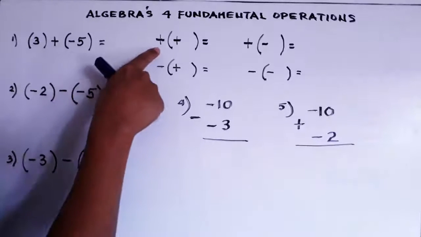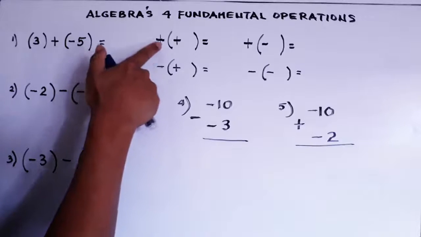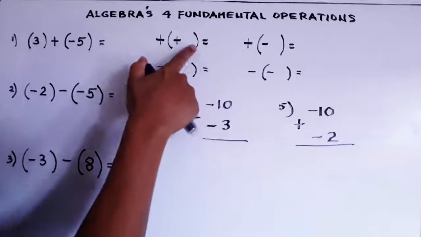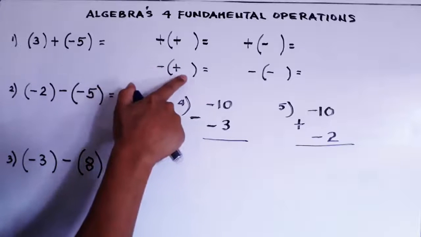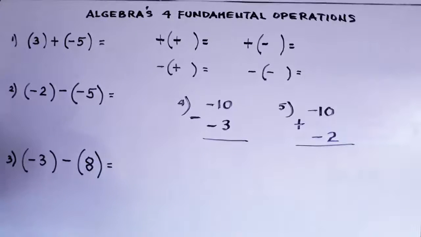Now, we see this one. The left sign and then the right sign. The first sign and then the next sign. Now, there is another easy technique for you not to be confused with multiplication or addition.